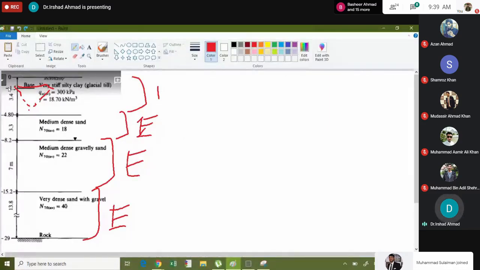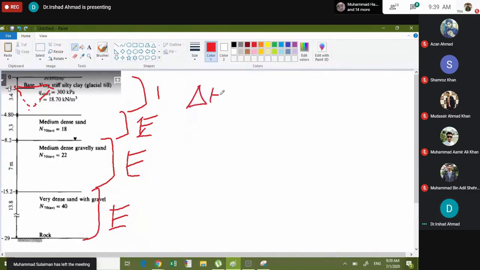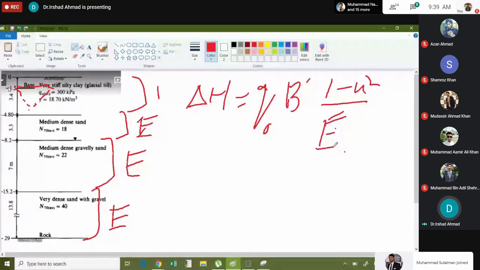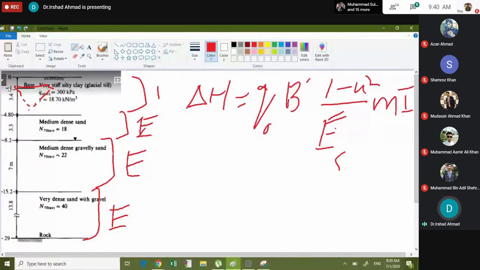Next thing that you would find, the equation now for settlement is delta H is equal to q naught B prime, 1 minus mu square over Es, into m into I. Okay? Now tell me what will be the value of B prime if you are going to find settlement under the center of footing. B prime is equal to B by 2.